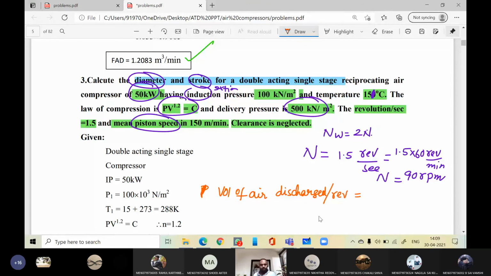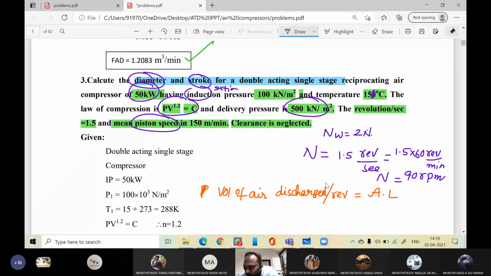V swept. Volume of air discharged, VS. It is nothing but area into length, right? That is the volume.